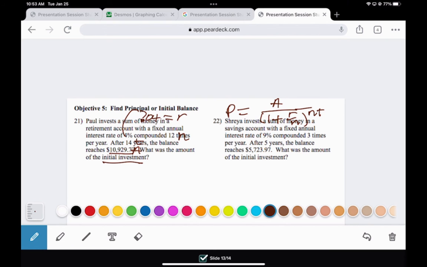Okay, give me 1 second, I'll show how to calculate right after the class. Let me finish this objective and I'll show you how to type it in Desmos.